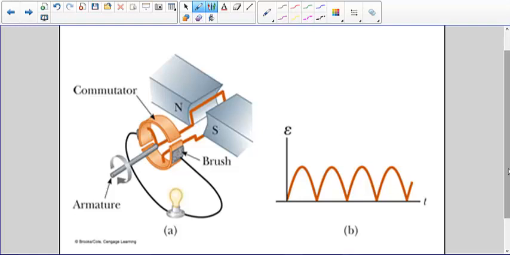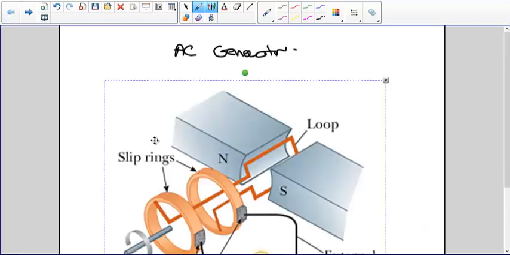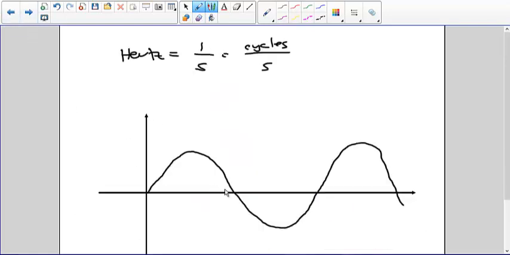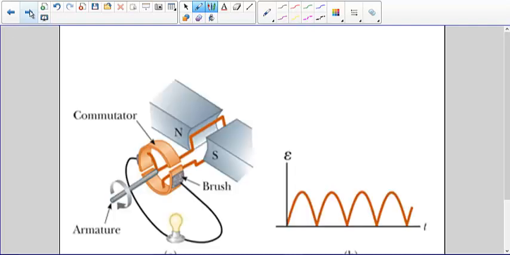So the key thing is that the electromotive force is always positive, even though it's not constant, but you can make it constant. If you average this out, you get some positive value. If you average the other one out, you get 0. Okay, so that's how motors work.